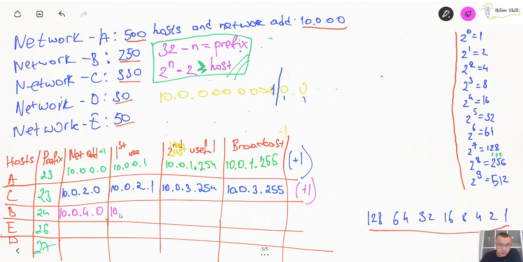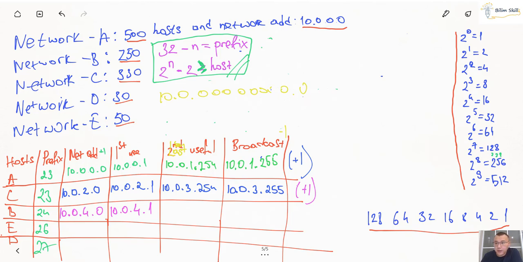And the first useful here will be this, and to find the broadcast address and last useful, we use this prefix and this network address.